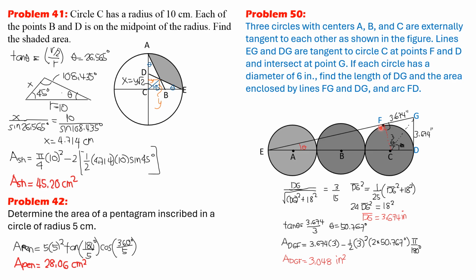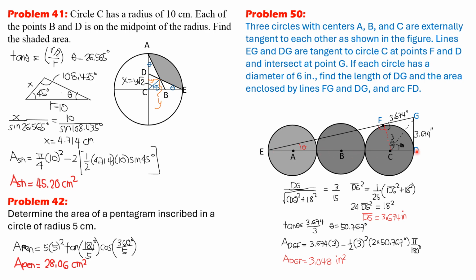For DG, we have similar triangles because these are points of tangency. So we have a right triangle, this triangle here. DG is to the hypotenuse, which is square root of 18 squared plus DG squared, because the diameter is 6 plus 6 plus 6.